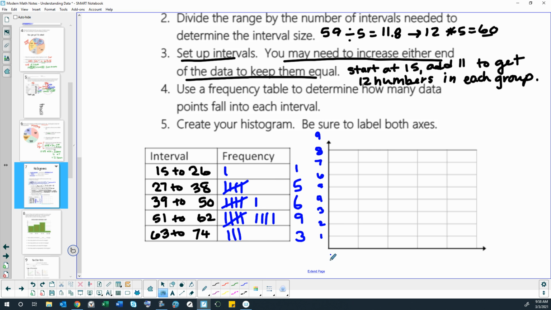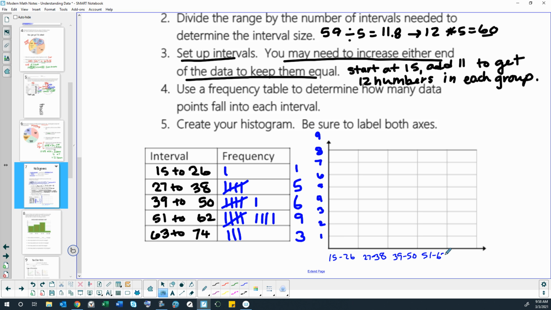And then we need to label what these categories mean. So this one is 16 to 26. No, 15 to 26, right? 15 to 26. And then this one is 27 to 38. And then this one is 39 to 50. And here we have 51 to 62.